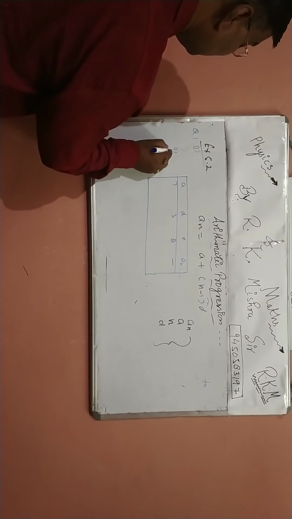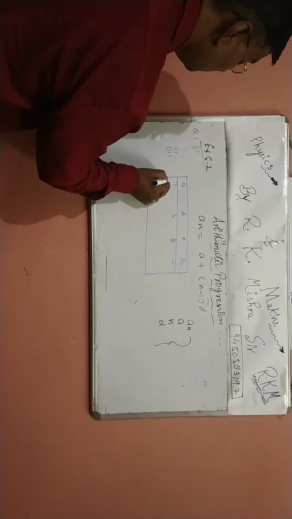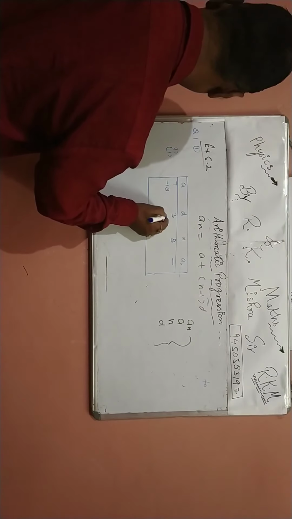Question 1, part first. A, D, n, an. Three things are given. In part first, 7, 3, 8, you have to find this. In part second, minus 18, you have to find this. Then 0, part third, you have to find this.